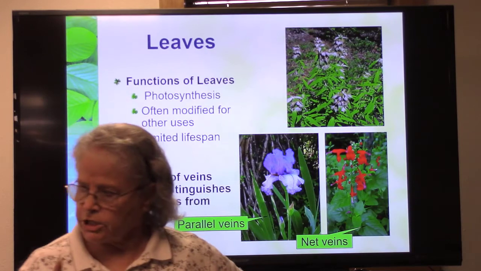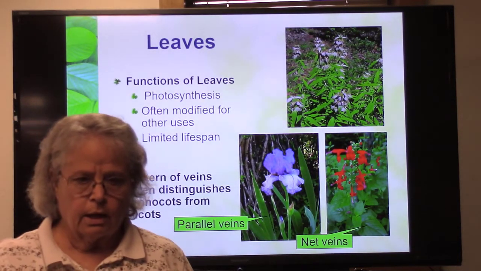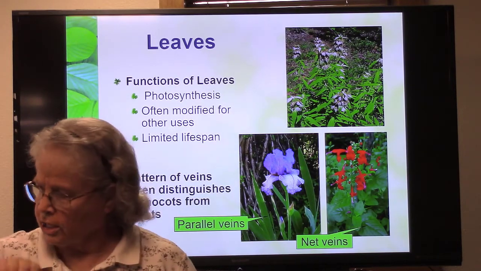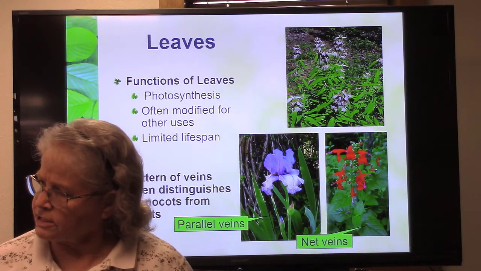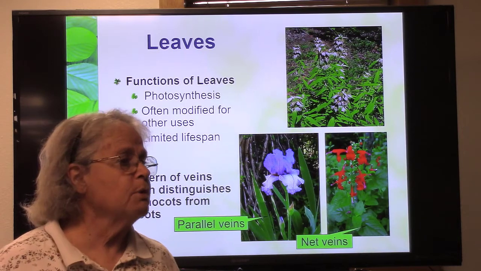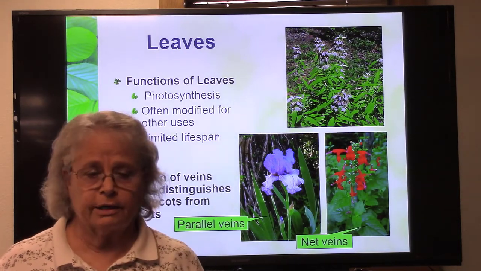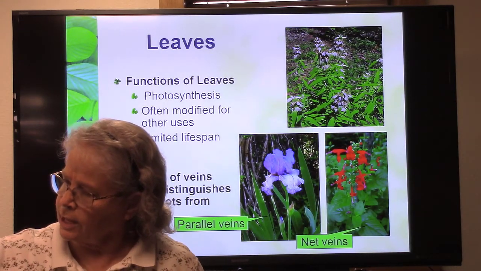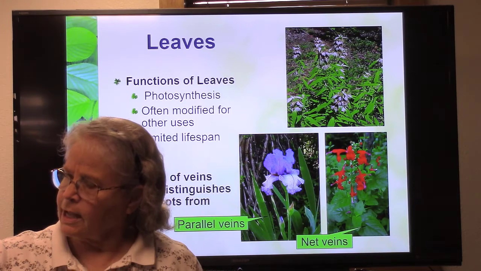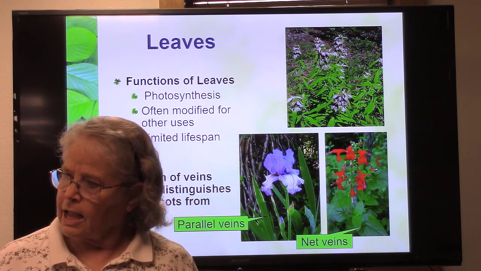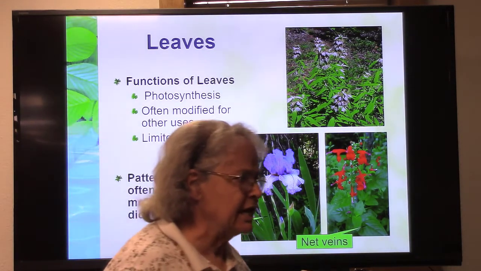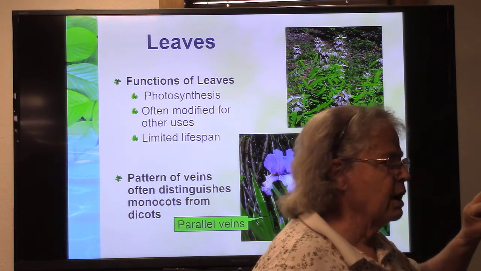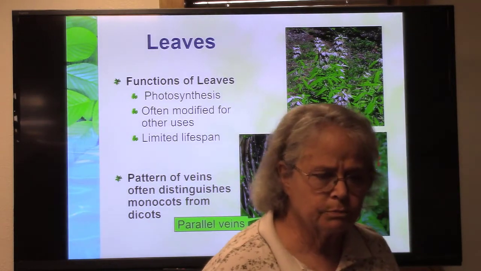All right, I want you to look at your onion first of all. Go ahead and pull off the outermost leaf. Well, maybe not if it's all dead and yucky. The outermost healthy looking leaf. Yeah, like that. Now look at that leaf and figure out, can you see veins in it? And if you can, describe how they're running.